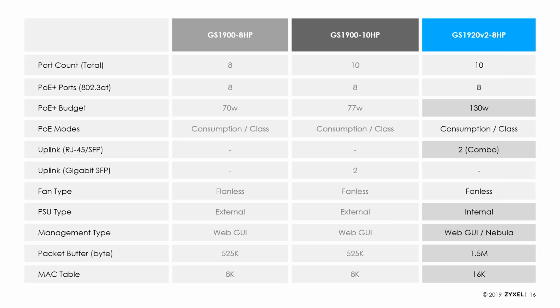You also have combo ports available instead of dedicated ports. You have more PoE budget, and the switch is a more capable, more performing switch than the 1900s. So bigger buffers, bigger MAC tables, and the biggest benefit of it all, you can manage it in Nebula.